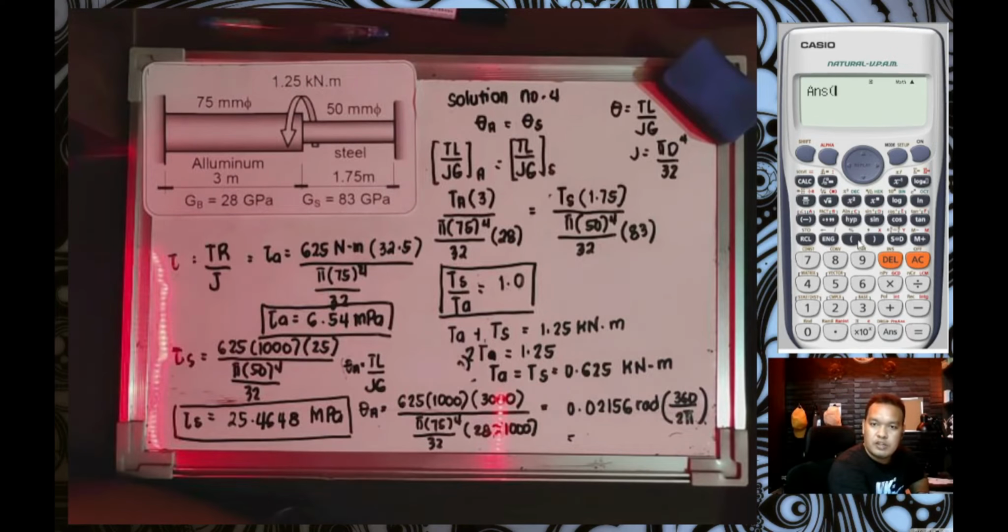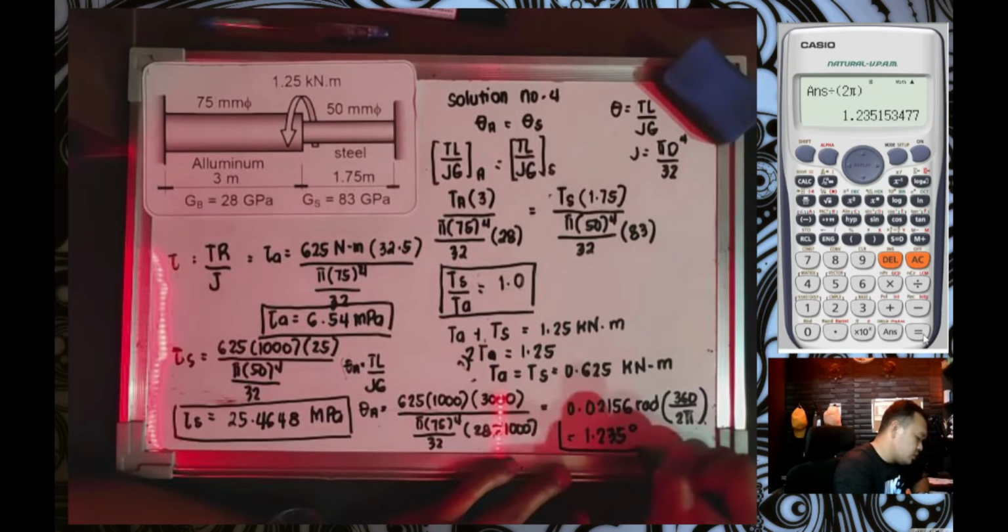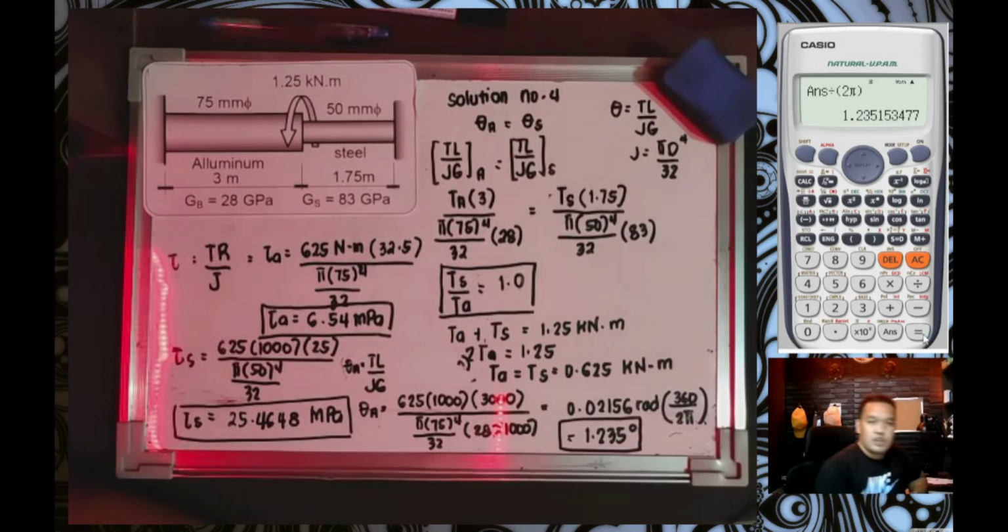Answer multiplied by 360 divided by 2 pi equals 1.235 degrees. Therefore, this will be the answer for the last question.